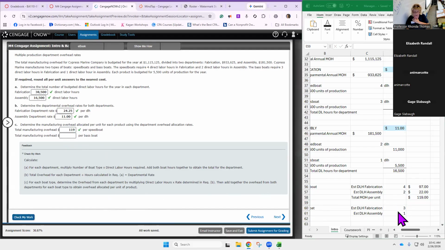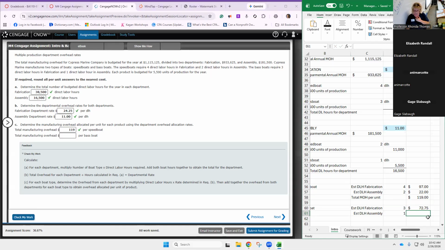Okay, so now let's do that for the bass boat. All right, so we just need that. It's good that we put the rates up above. So this equals 3 times the overhead rate, which is for fabrication. So fabrication must be more complex than assembly, right?